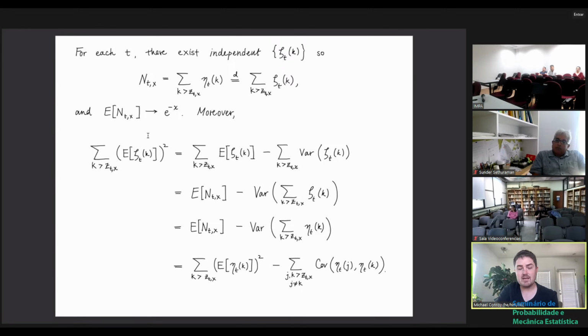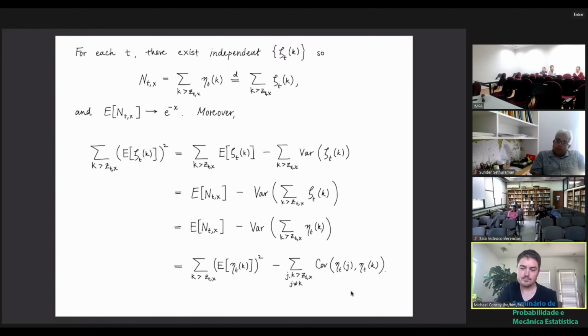Well, if we compute what that is for these zetas, we can write that as the expectation of the mean minus the variance of the sum. And since this has the same distribution as the sum of correlated Bernoulli random variables, we can replace that. And then if we compute out this variance, we see that this is exactly equal to the sum of squared terms for the correlated Bernoullis minus the covariances.